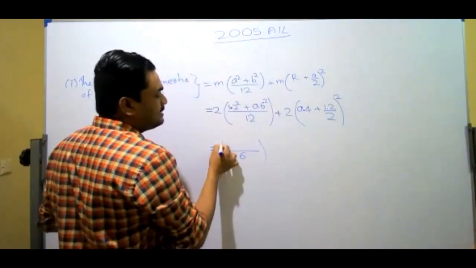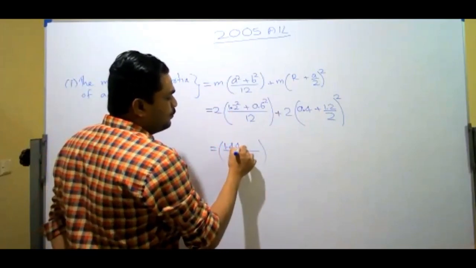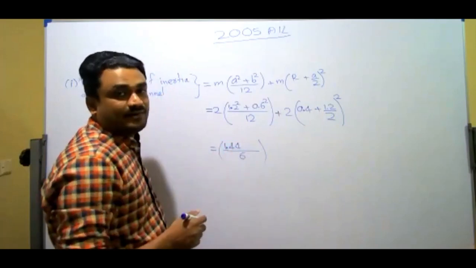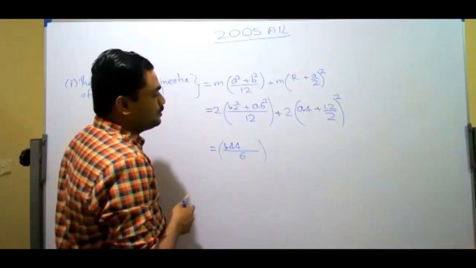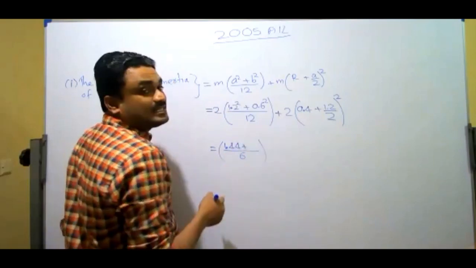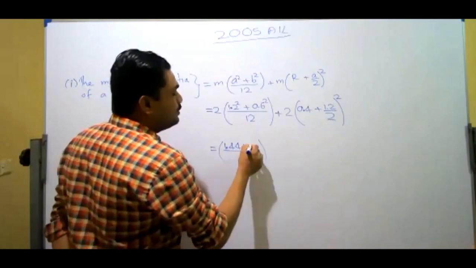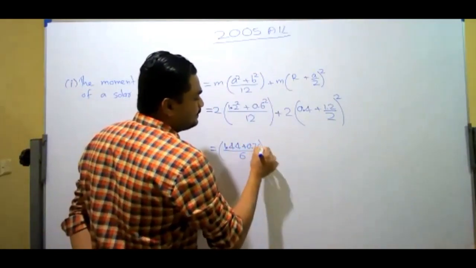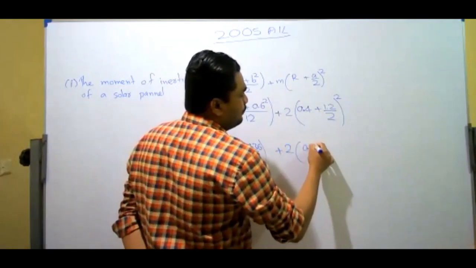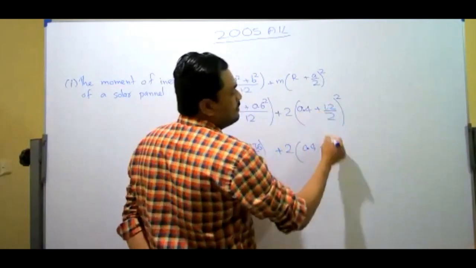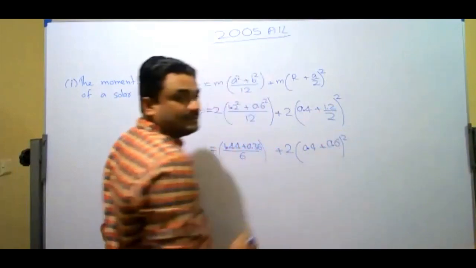12 divided by 2 is 6. The square of 1.2 is 1.44. The square of 12 is 144, and there should be 2 decimal places when we consider 1.2. The square of 6 is 36, but for 0.6 there should be 2 decimal places, so 0.36. Plus 2 will be there. This is 0.4 plus 1.2 divided by 2, that is 0.6, and the square of this.